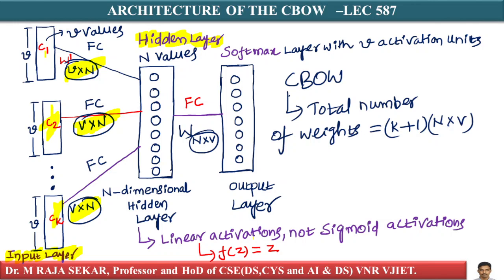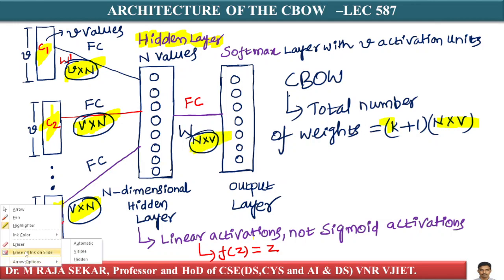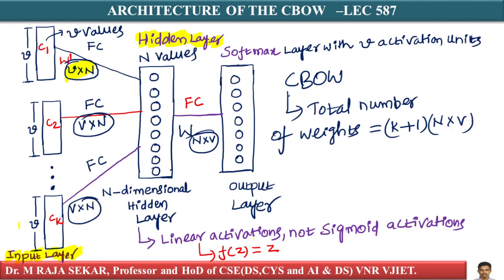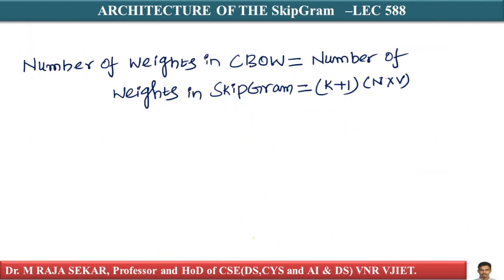As you are taking K context words as input in CBOW, K into V cross N. Another weight is here, N cross V. If you add all of them, the total number of weights in CBOW is K plus 1 into V cross N. So the number of weights in CBOW and SKIPGRAM, both of them, is K plus 1 into N cross V.